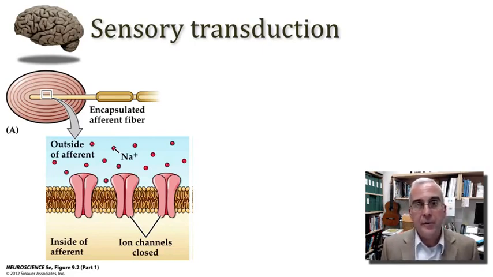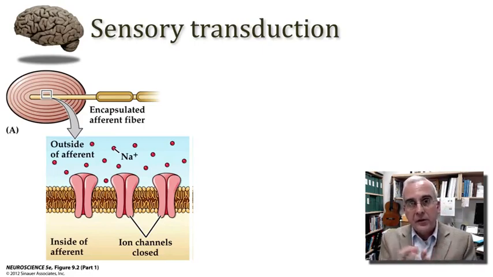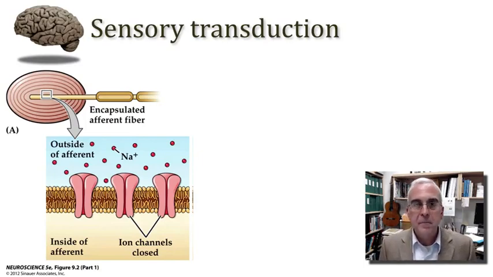Let's consider one example from the somatic sensory system. Well, we know that the somatic sensory system is concerned with touch, with physical contact as one modality of stimulation, and it must happen that physical contact leads to the generation of electrical signals. So sensory transduction would be part of that story in addressing the question, well, how does this mechanical contact lead to the generation of electrical signals?